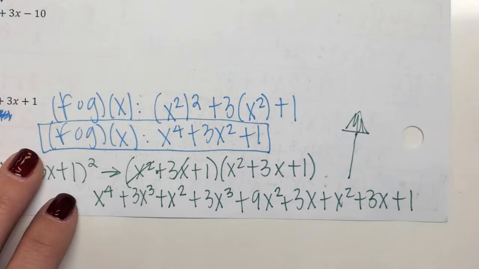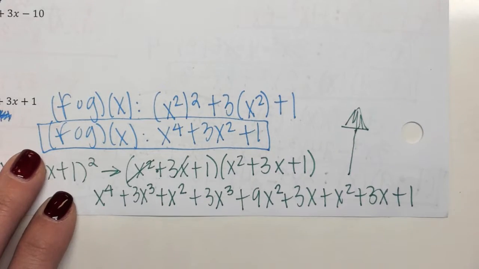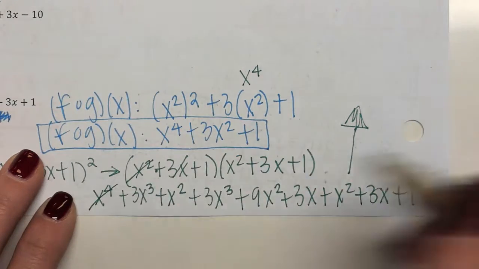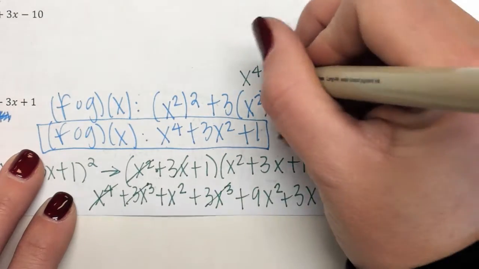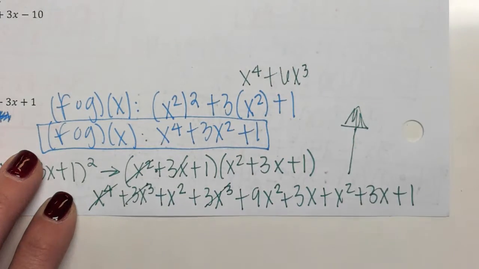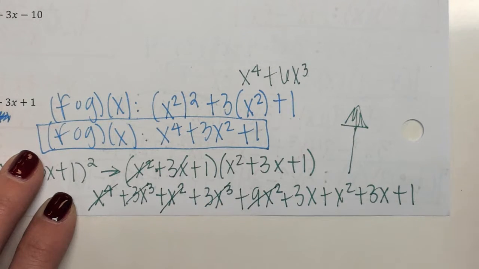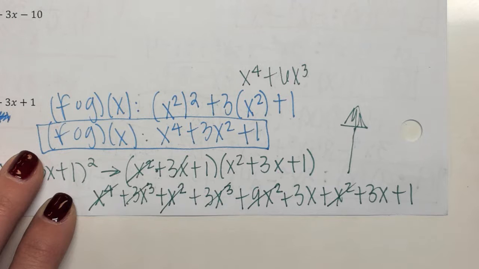Final answer would be, what's my first term? X to the 4th. Next. 6x cubed. Good. Next. You sure?